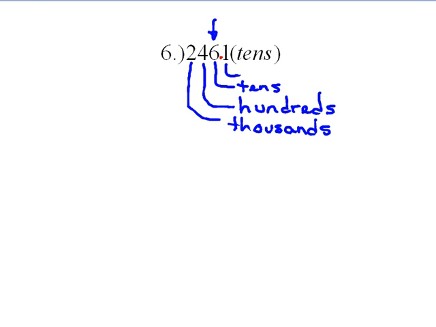So we make this into a 0, and we find that 2,461 rounded to the tens is actually 2,460. That is rounded to the tens. Get the idea? Okay, let's go on.